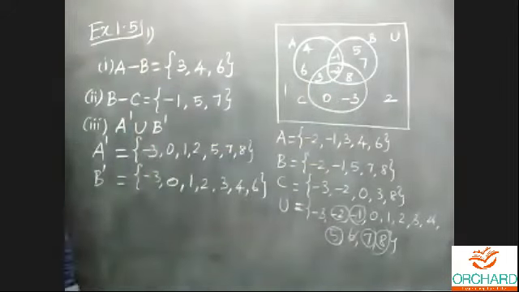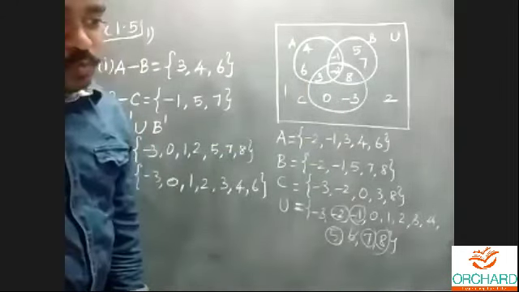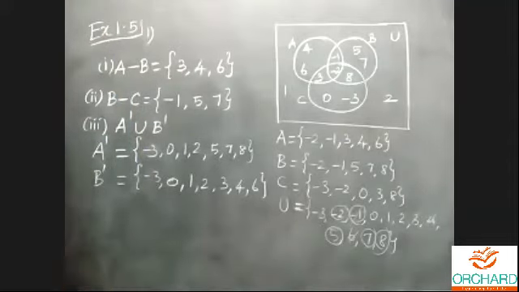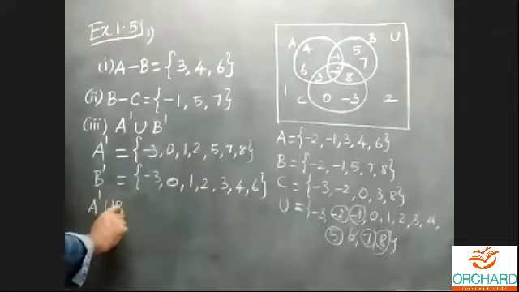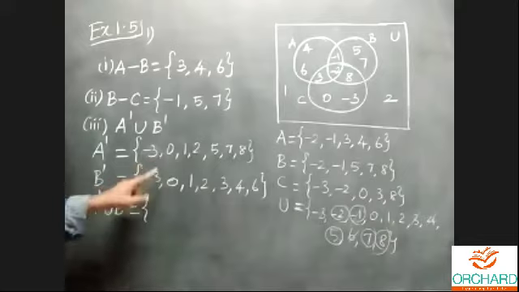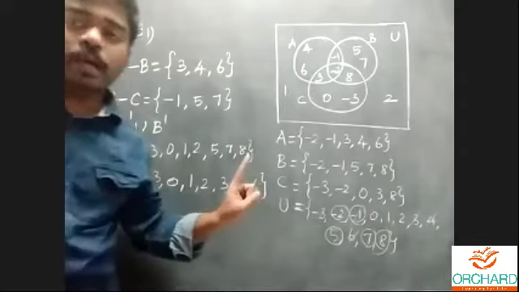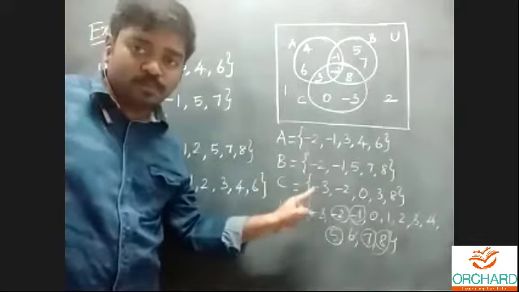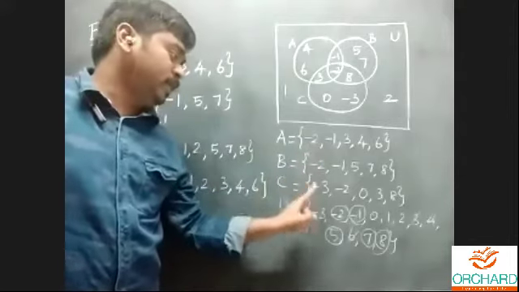Now I'll write down A dash union B dash. What is A dash union B dash? Write down the elements of A dash union B dash, because subdivision 3 is based on A dash union B dash. Now union these two sets. Students, again I'm repeating for your reference: set A, B, C and the universal set.